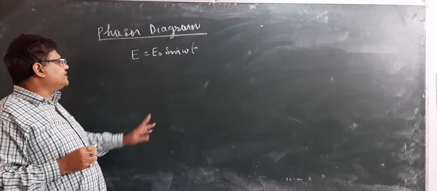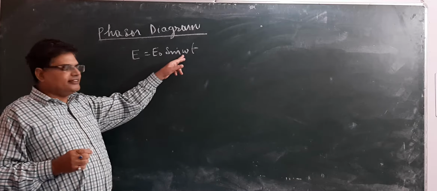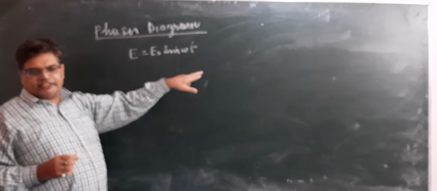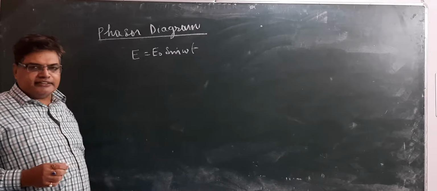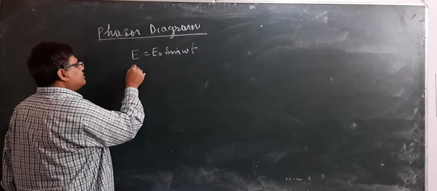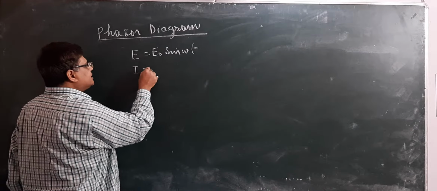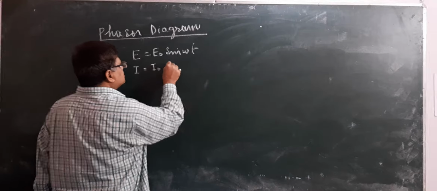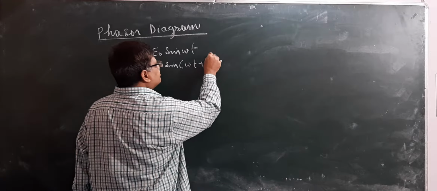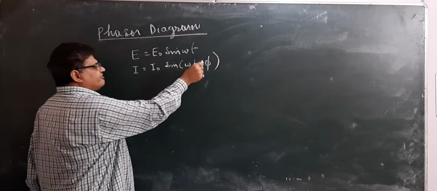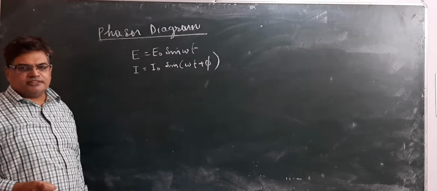It's not necessary that current will always be in phase with the EMF, that is omega t. Suppose there is a phase angle between the EMF and the current, it can be represented by I is equal to I naught sine omega t plus phi. Here phi is called the phase difference between the current and the EMF.